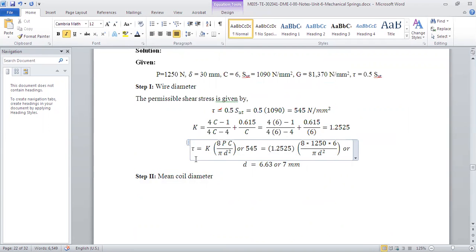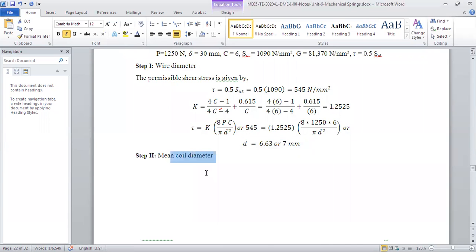We calculated K, 1.2525. We know load, we know C, so we can find out small d. The diameter of the wire will come to 6.63 mm, but because we cannot manufacture a wire with 6.63, we will take 7 mm as the wire diameter. So in the first step, with the given information, we calculated allowable shear stress, wall factor, and using that we calculated the diameter of the wire of the spring.